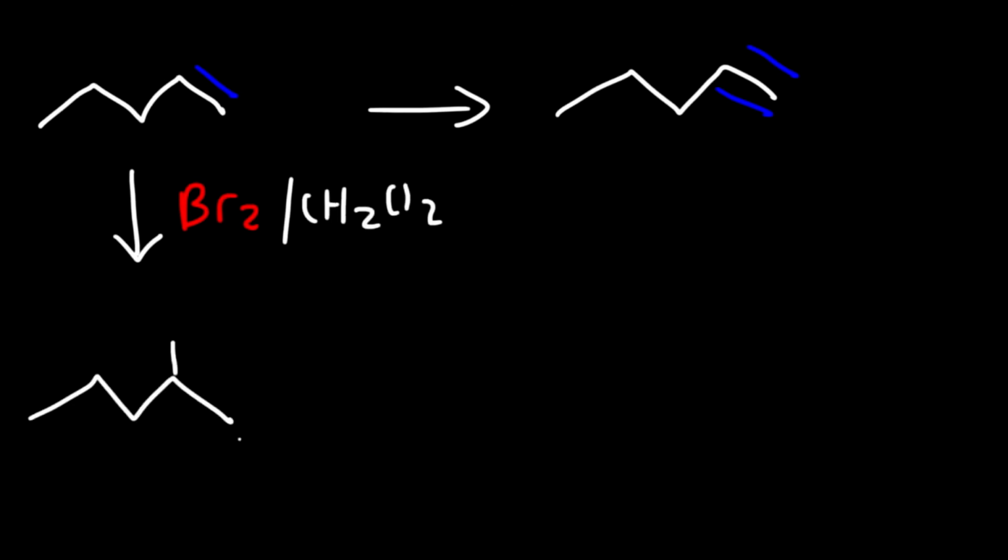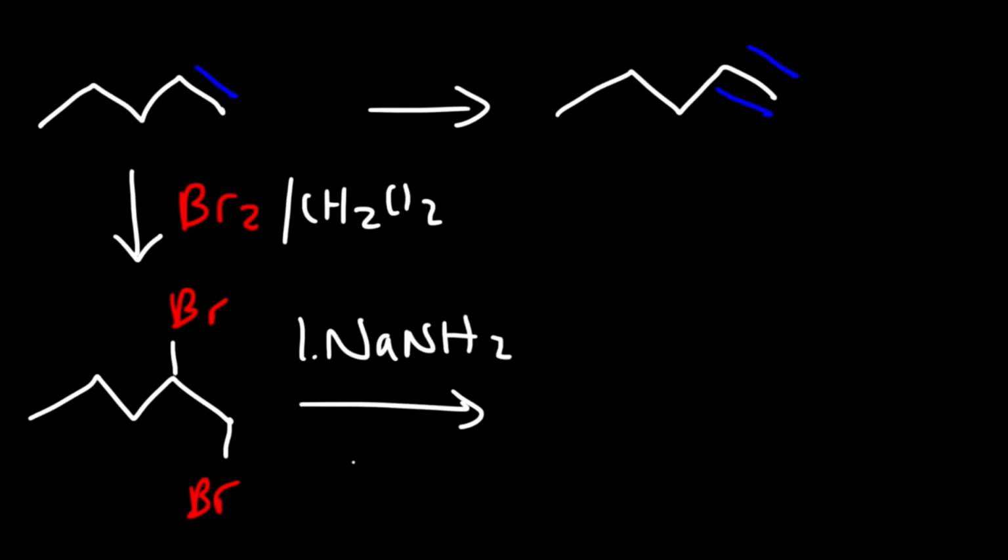And so this will give us a vicinal dihalide. And you know from this molecule, in order to get the terminal alkyne, you need to use sodium amide dissolved in ammonia. And so this will give us the terminal alkyne, which I shouldn't have drawn it this way. It should be like this.